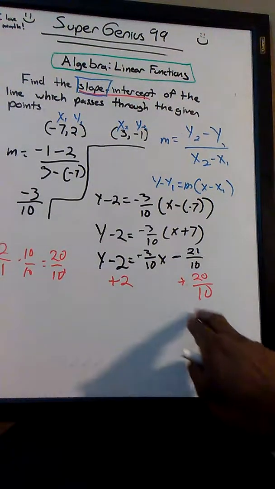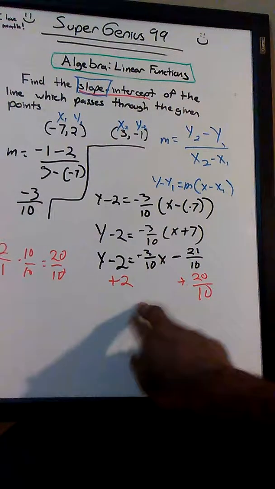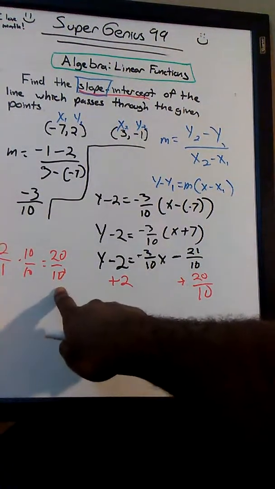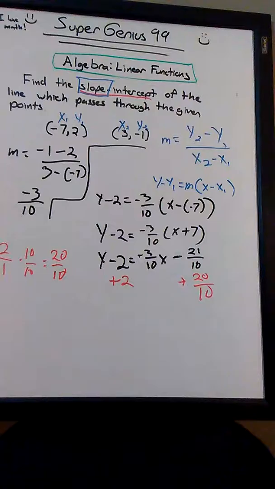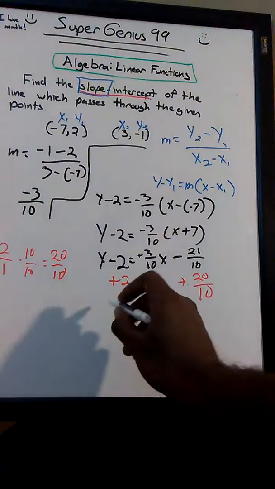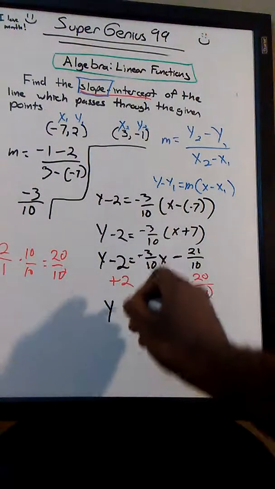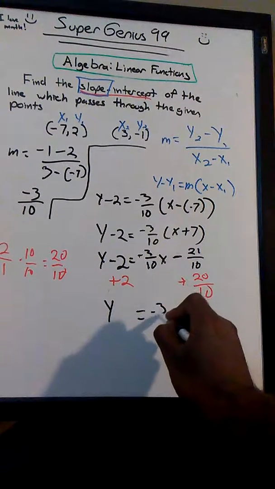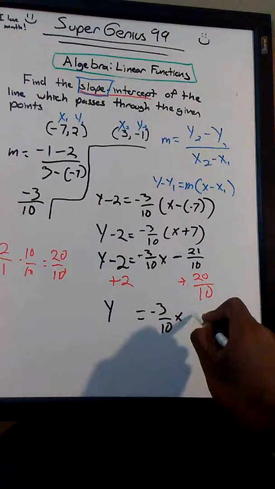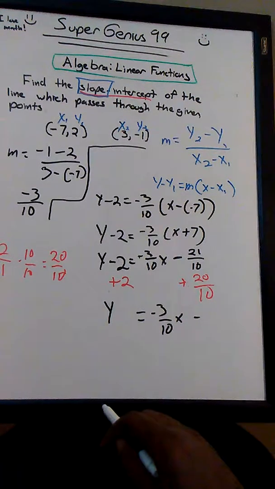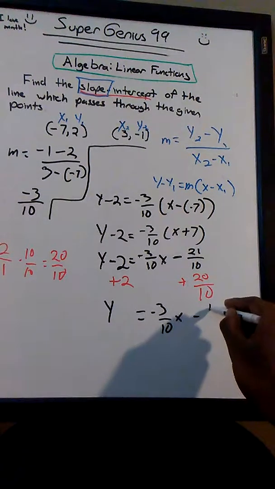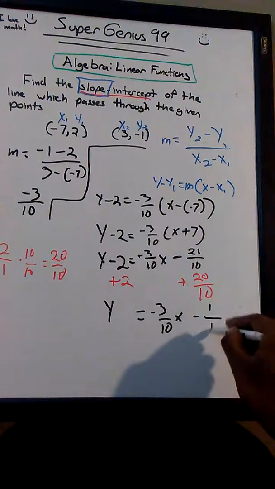Those are the same numbers, because 20 over 10 reduces to 2. So I'm adding 2 to both sides. If I add 20 over 10, what do I get? This cancels. So negative 21 over 10 plus 20 over 10 is just what? Negative 1 over 10.